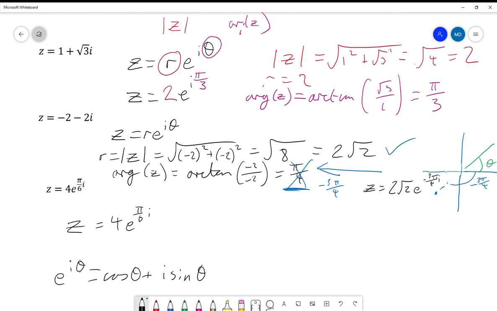So I'm just going to plug that in here, and we get z is equal to 4 lots of cosine pi over 6, because our theta is of course pi over 6, plus i sine of pi over 6.